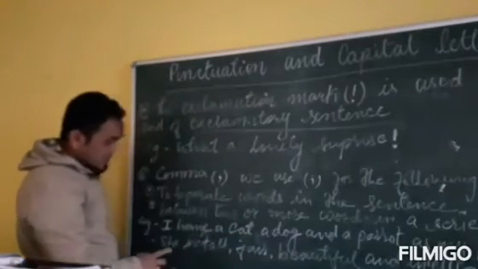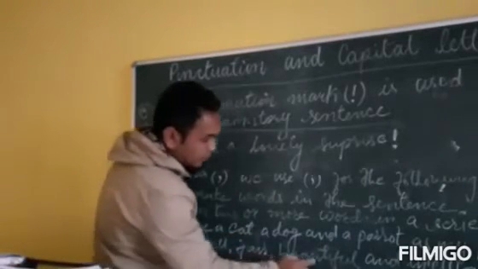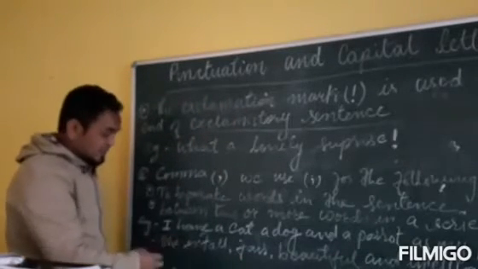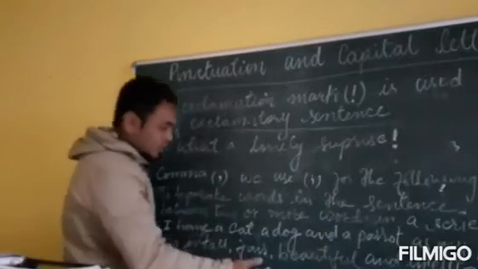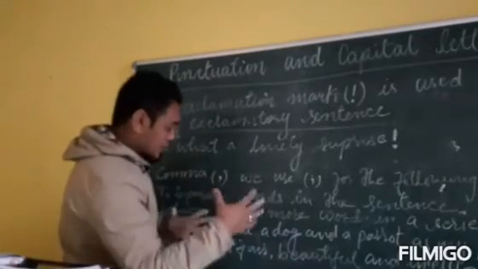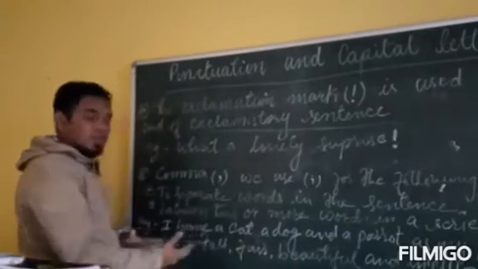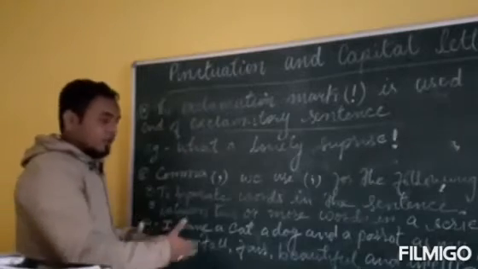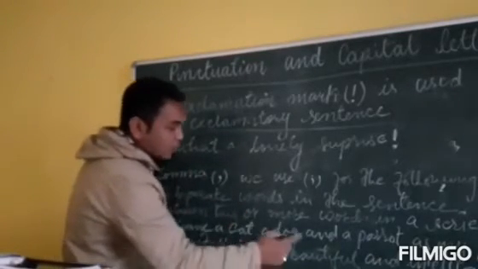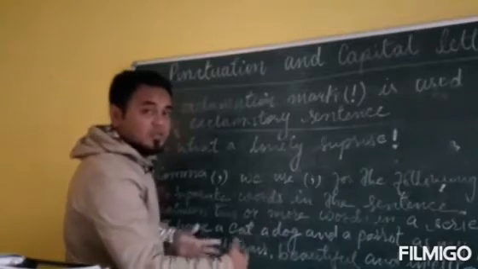Okay? Next is, she is tall, fair, beautiful, and intelligent. So see, in this sentence, this girl has so many qualities, no? So if you don't put comma here, then it will be very complicated for you all to understand clearly what the sentence is trying to say. But if you put comma in separating those words, what happens?